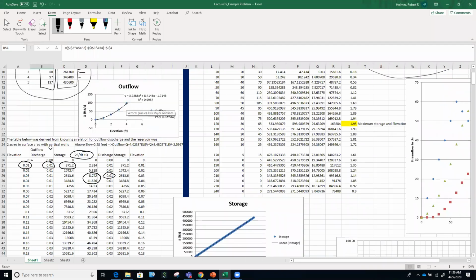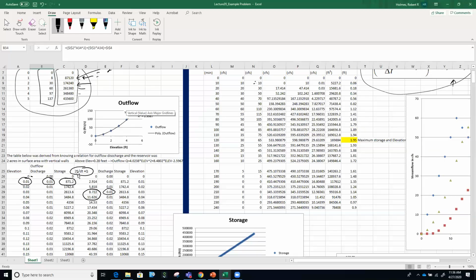Elevation. So it looks like there's another equation that was used. Are we in column B or column D? The note in D24. Oh, okay, above elevation.